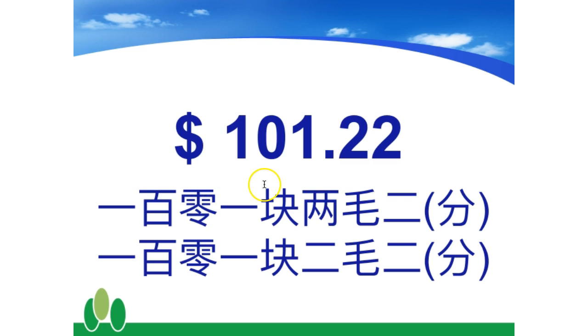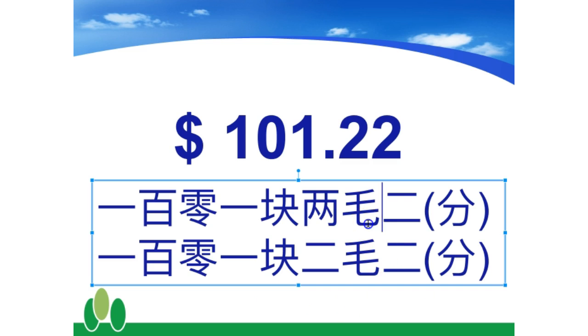Let's look at yet some more examples. 101块2毛2 or 2毛2分 or 101块2毛2分. What's going on here? Well, technically, 2 should become 两 in front of a measure word. So grammatically speaking, this top sentence is the correct one. 101块2毛2. However, this bottom sentence is also common because it's just a little tricky.